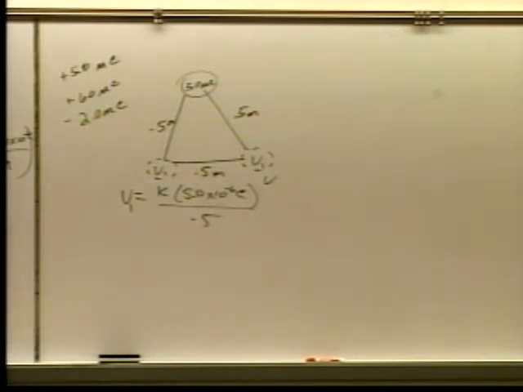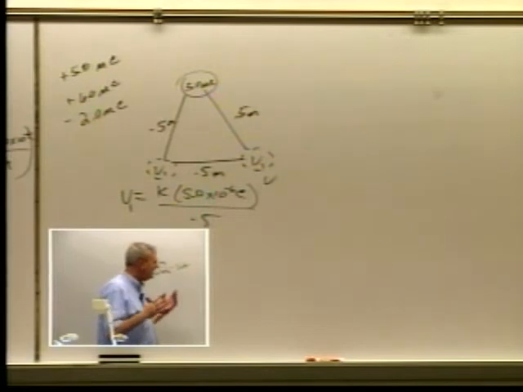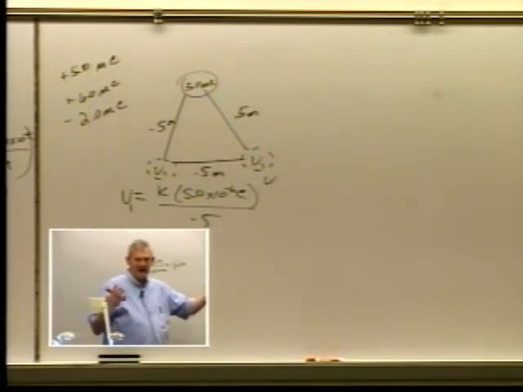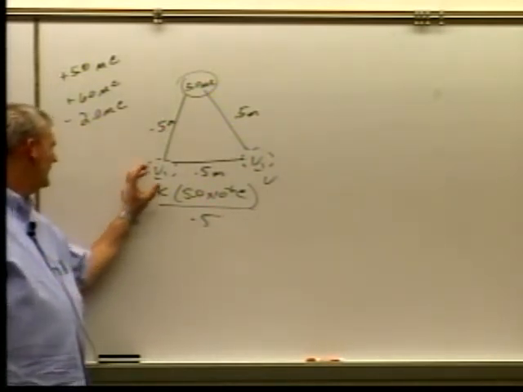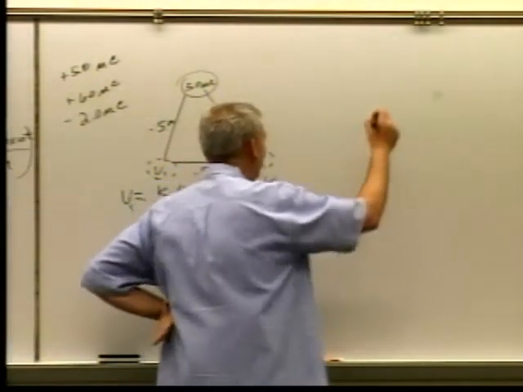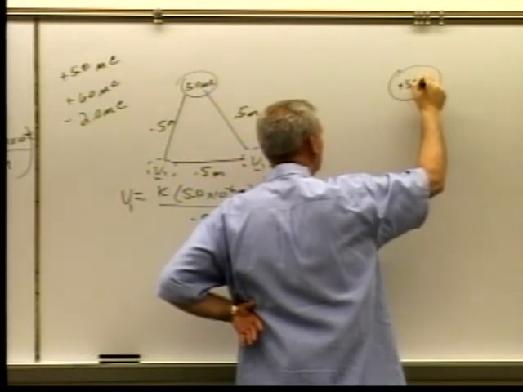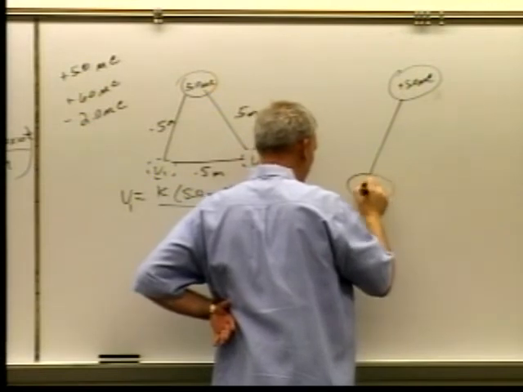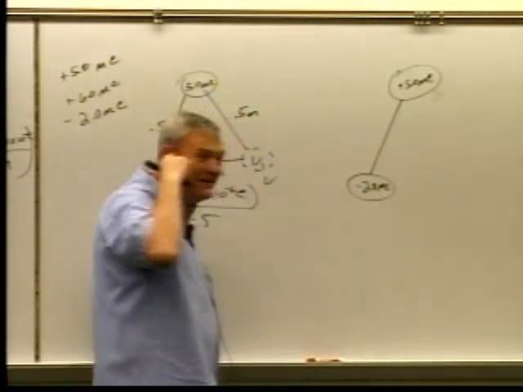So now let's take the negative 2 microcoulomb charge and bring him up to here. So we've got the plus 5, and now we're going to bring the negative 2 to right here. That took some energy.